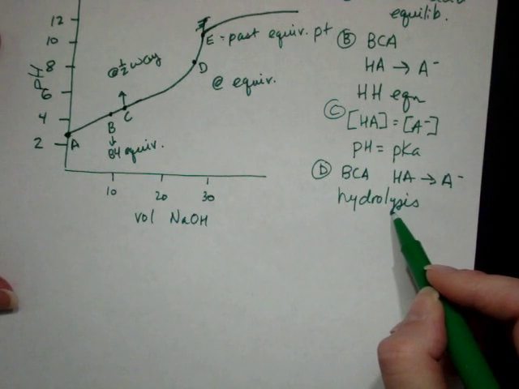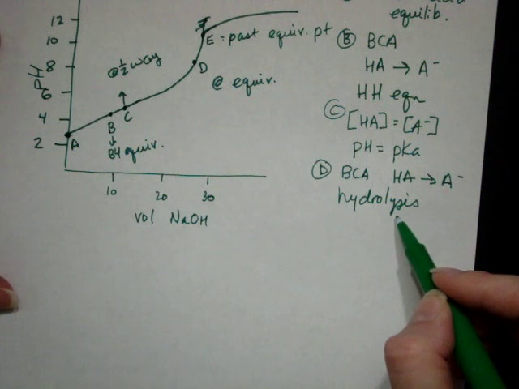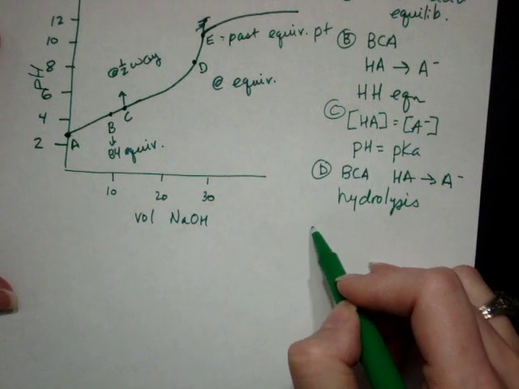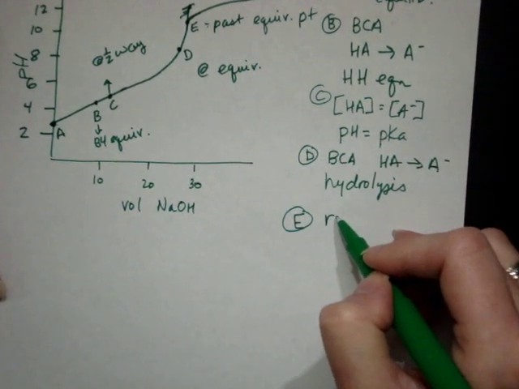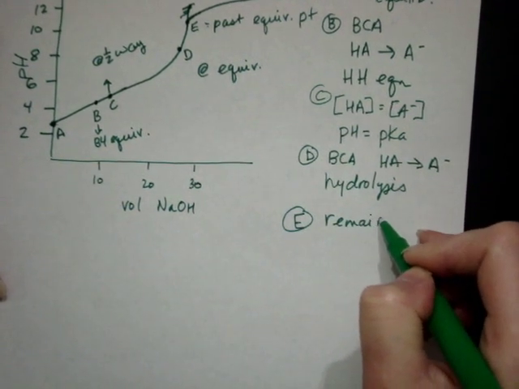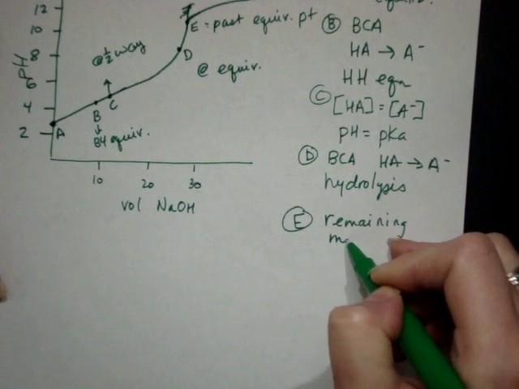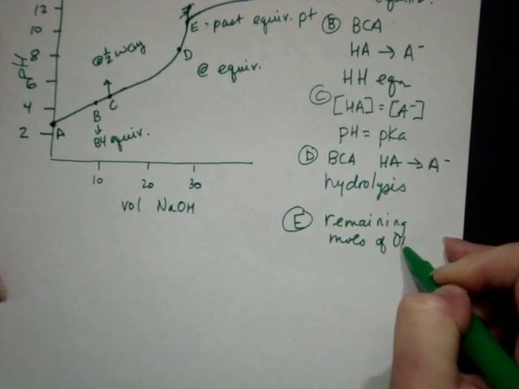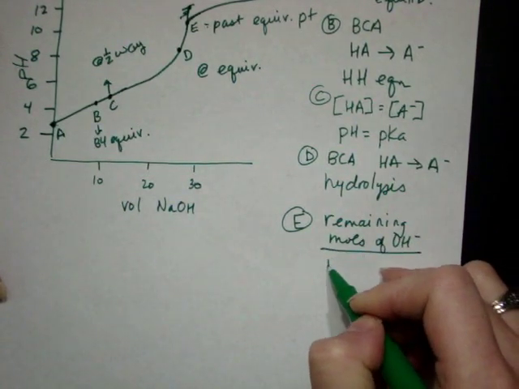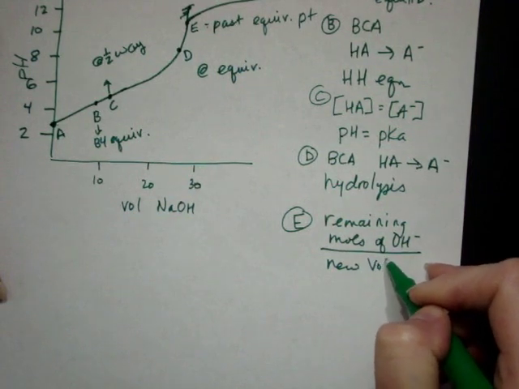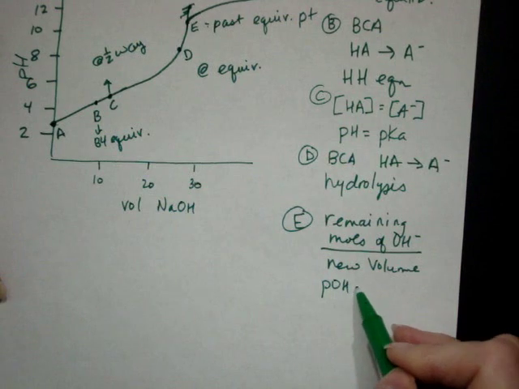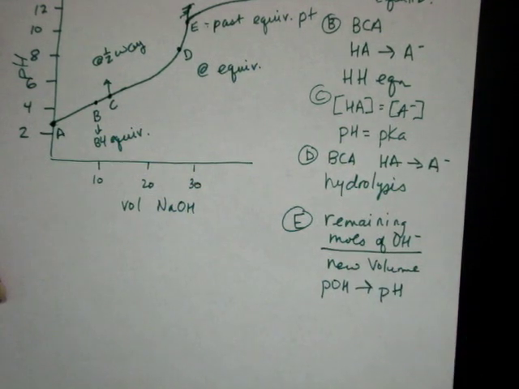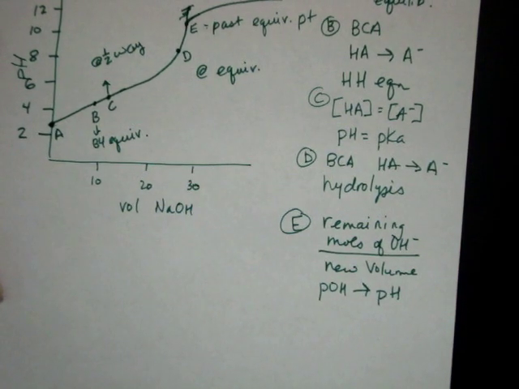It's acting as the opposite, so find Kb if you had the acid, etc. And then at point E, you have to find the remaining moles of the base divided by the new volume, and then get the pOH and then the pH. So hopefully that might clear things up just a little bit.